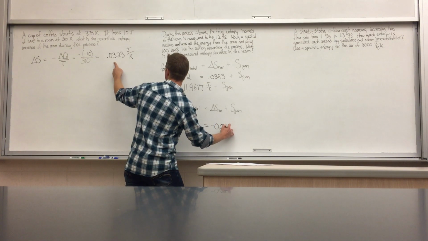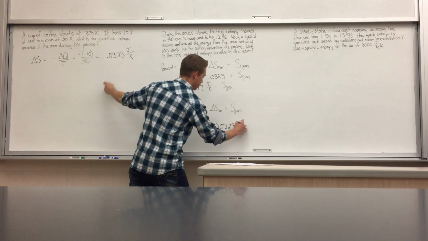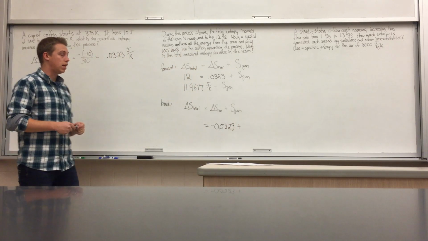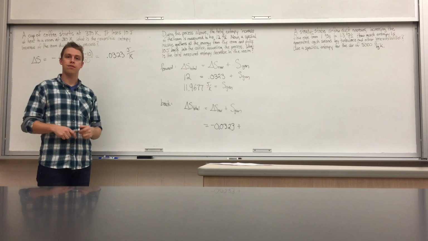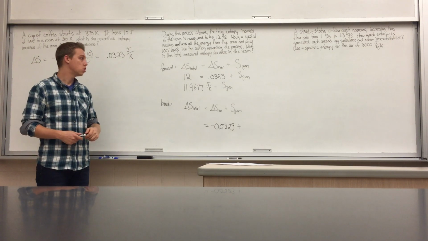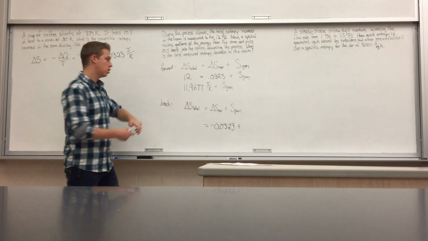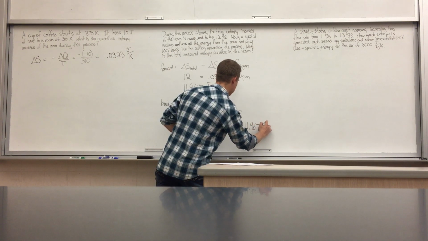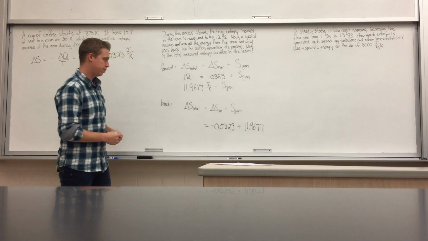So negative 0.323, but plus the entropy generated, which is the same forward and back if it's the same process. So if this much was generated forward, well, that much is generated backward as well. Okay?